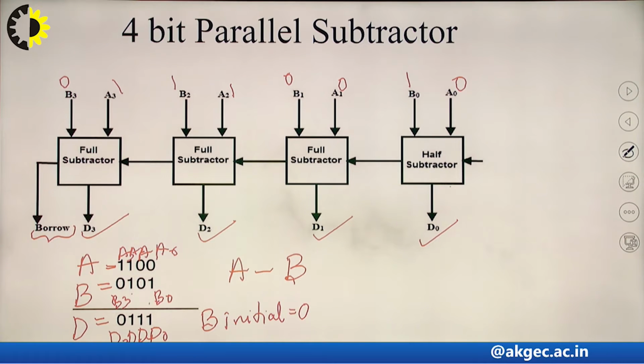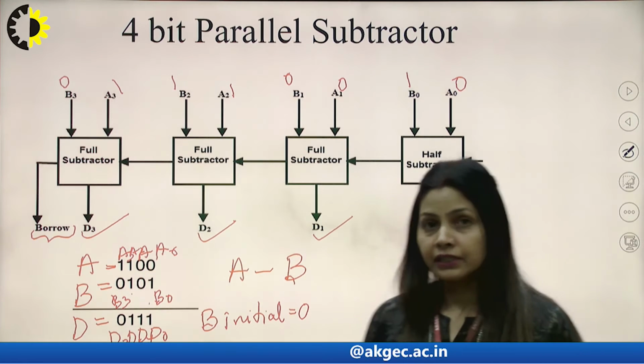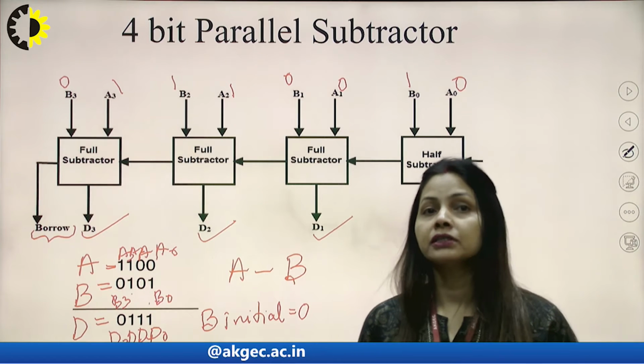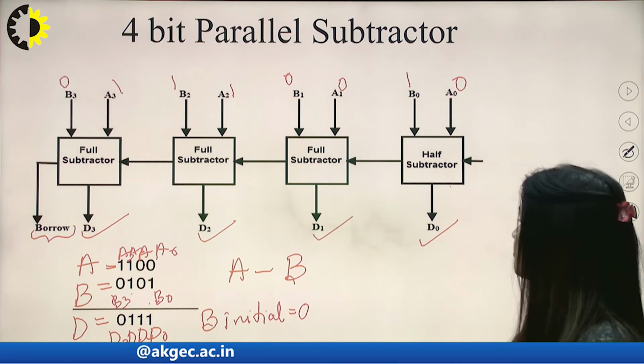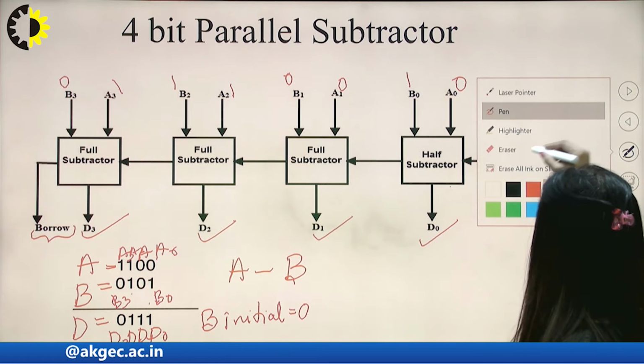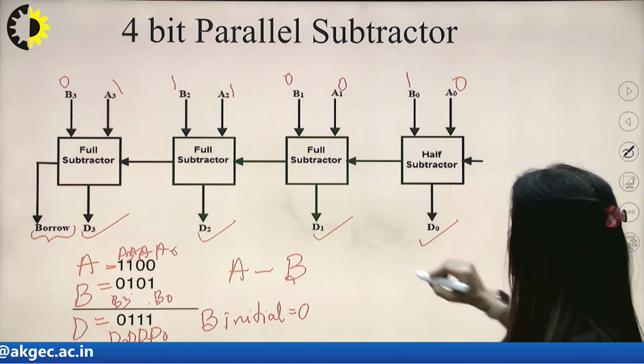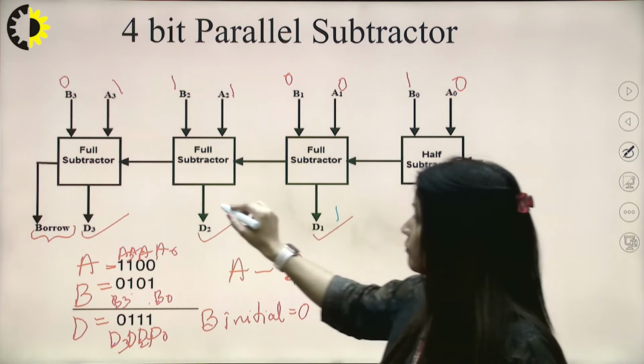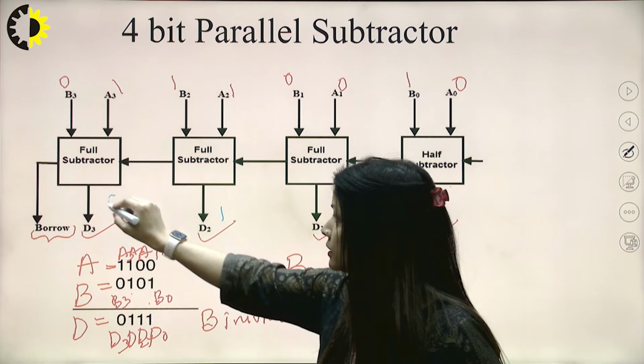Now, the full subtractor circuit we have already discussed, how the full subtractor circuit works. In a similar way, the output would be 1, 1, 1 and 0.